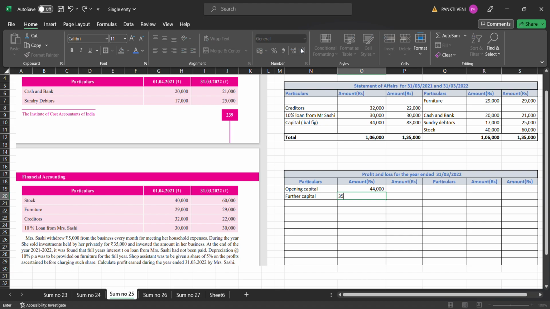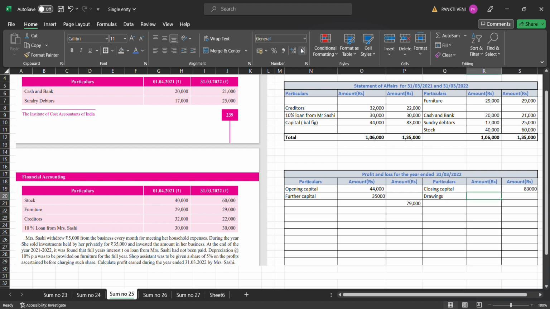From the investment, so that 35,000 will come here. Then you have closing capital part. I'll total this up and take it in the side column. So closing capital is 83,000.